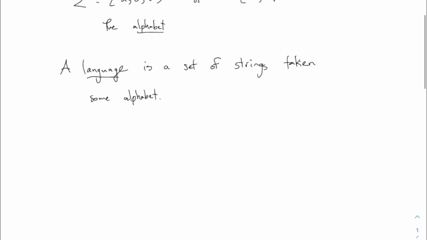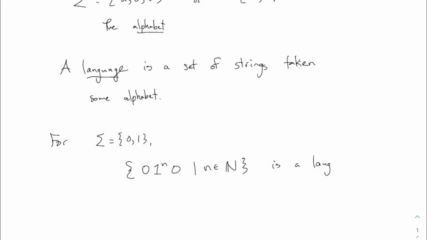For example, if I'm using the alphabet 01, something like the set of all, I think I wrote this at the end last time. This is a language. These are weird words to use. Language really just means a set, a set of strings. We call it a language by analogy with real-world programming languages and also spoken languages, which are similar.